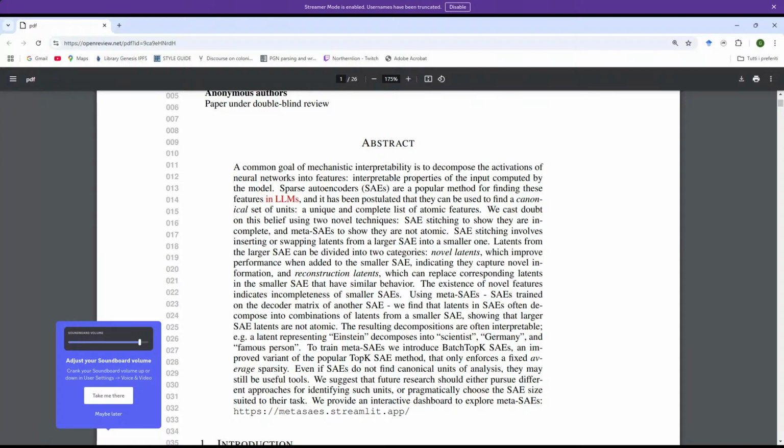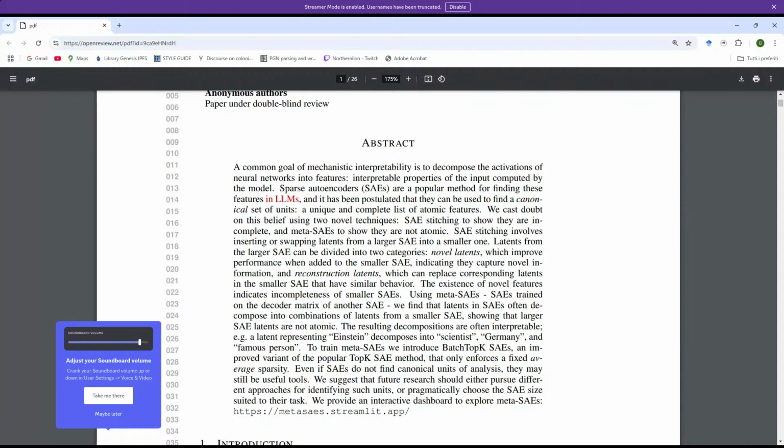Then they do something else, which they call SAE stitching, where they train SAEs of different size, and they find they can add some latents of the bigger size to the smaller size, and this improves the performance, obviously, of the smaller SAE.